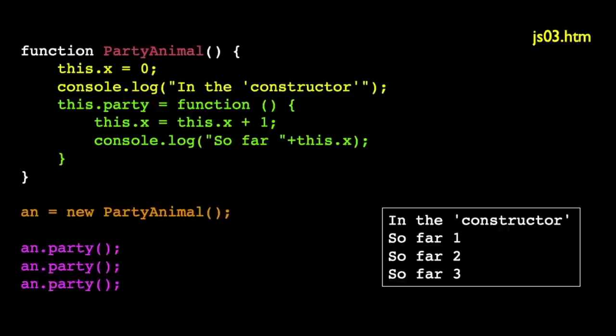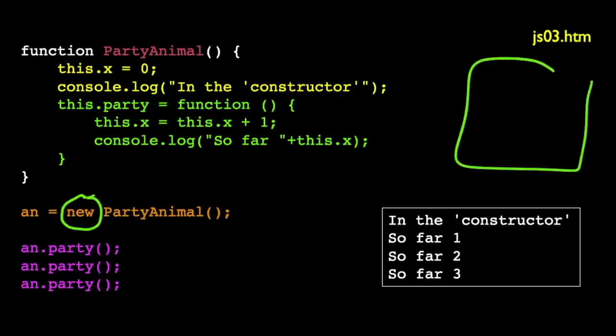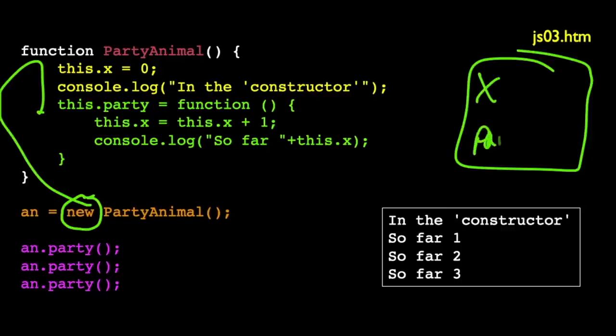Okay, so the constructor is, in a sense, the moment where this new is triggering the constructor. And what it basically does is creates a blank object that has nothing in it, and then runs the code inside function party animal to give some form to that object, right? And so this right here is the constructor, right? And so I just put a console.log so you can kind of see where that happens.